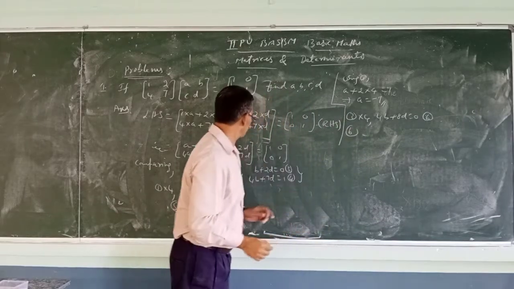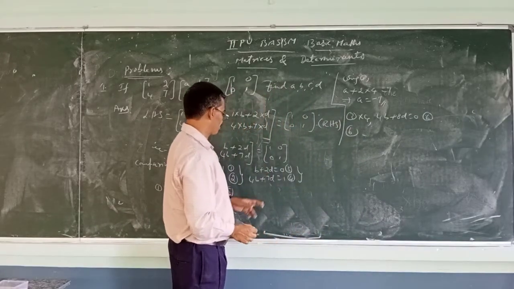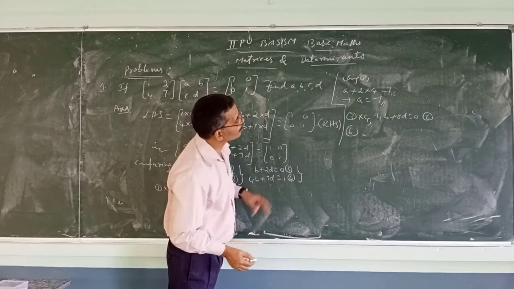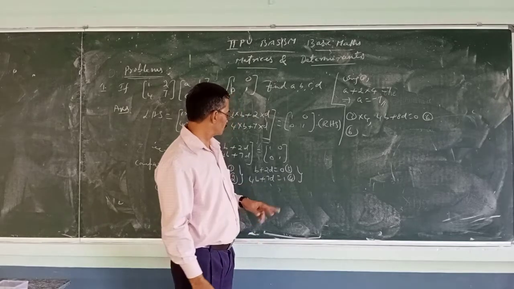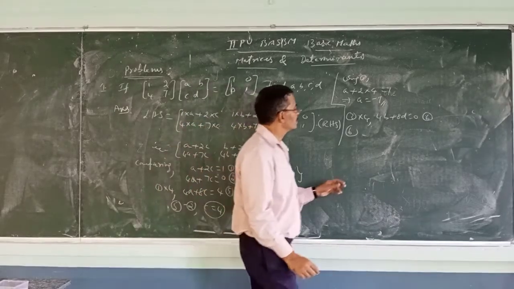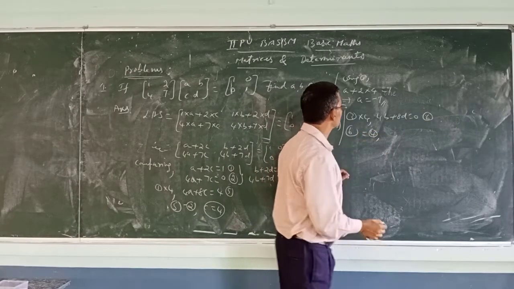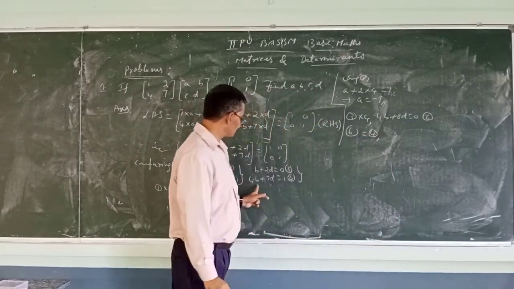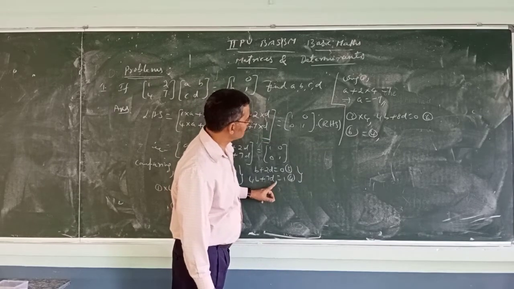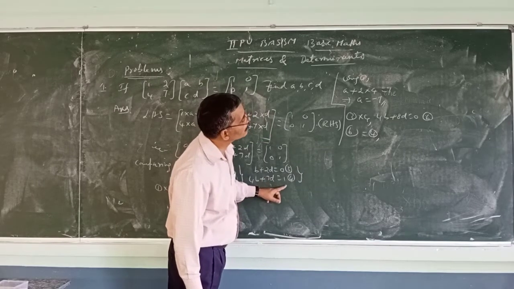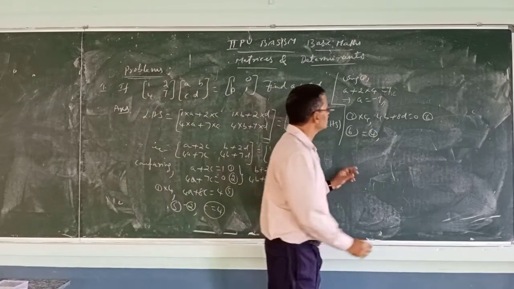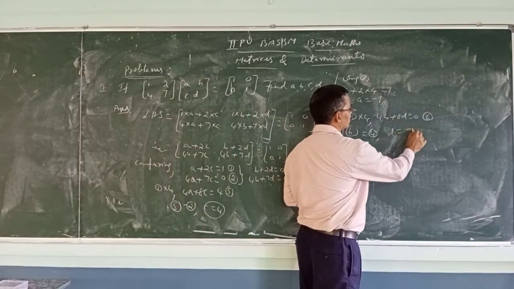Now 6 minus 4: 4B cancels, 8D minus 7D gives D equal to minus 1.